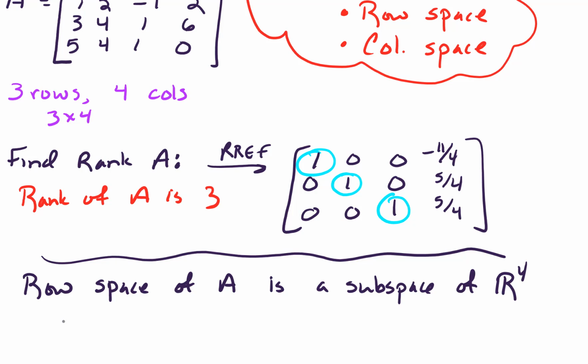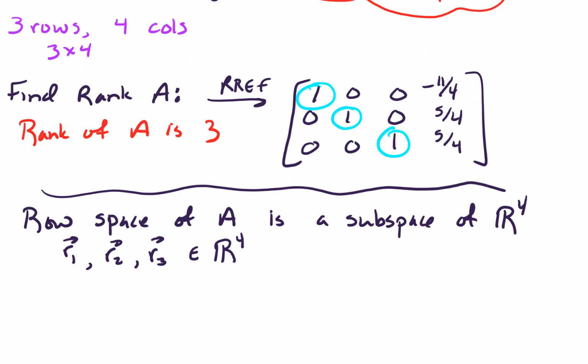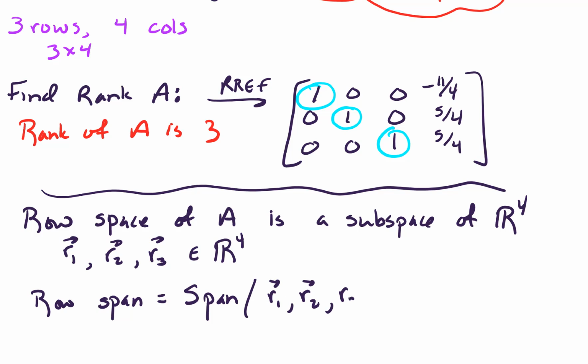And this is because each of our row vectors, we've got 3 row vectors, R1, R2, and R3, is an element of R4. And so the row space is essentially the span of these vectors, each of which live in R4. So we've got some subspace of R4.